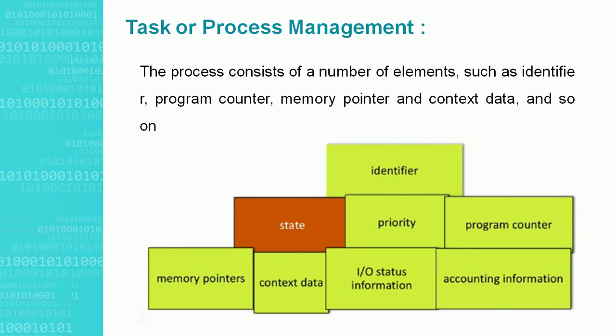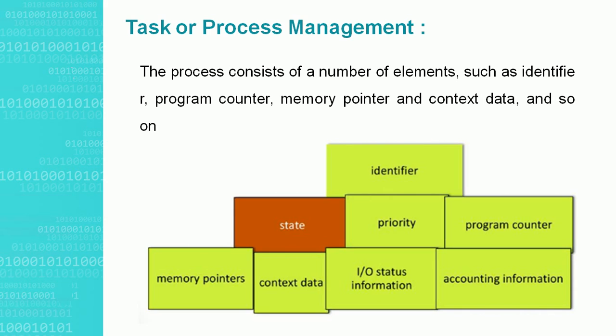The identifier is the unique identifier associated with each process, so each individual process has a unique identification. Next, state. The state indicates whether the process is in running state, waiting state, or blocked state. Next, priority. Priority level relative to other processes.